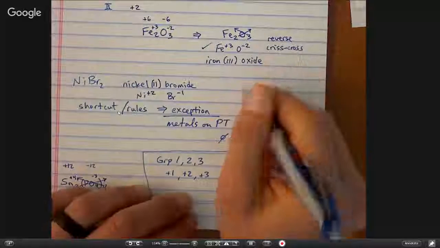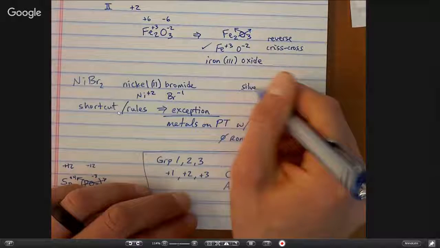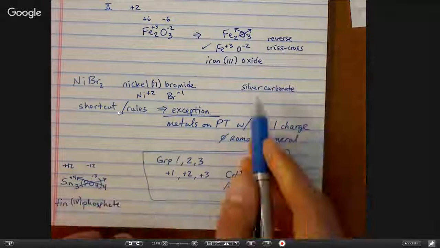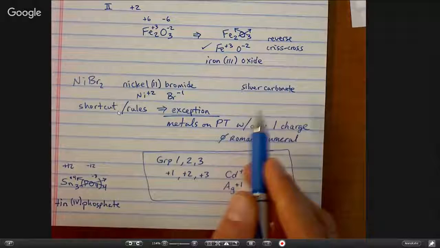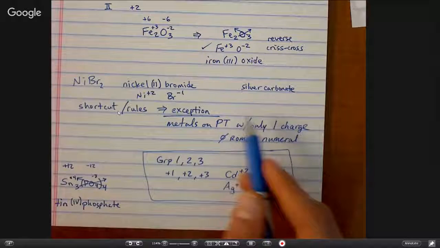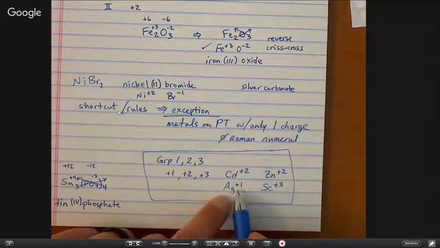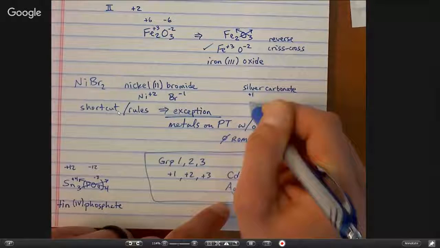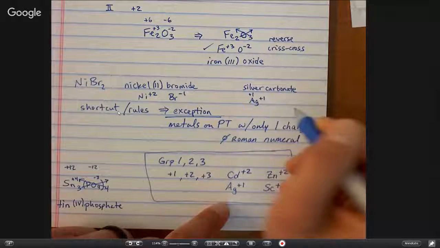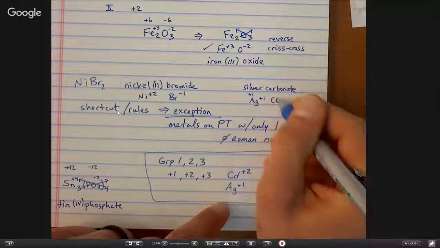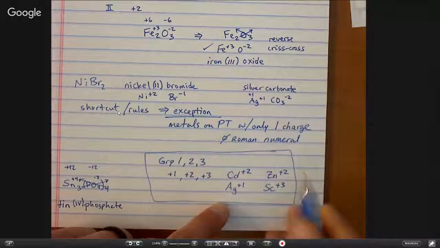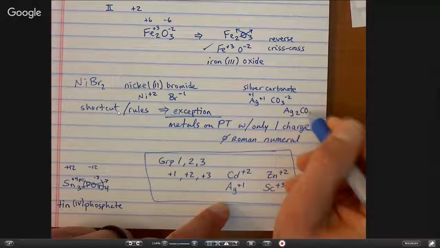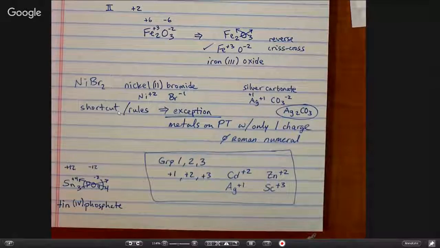If I gave you a different name like silver carbonate, we'd have to ask, well, silver is one of our exceptions, and you'd have it in your notes here that it's a +1 charge. And carbonate, you could look up on your polyatomic ion list to find that it's a -2 charge. So when we do the crisscross, we would get this for the formula.